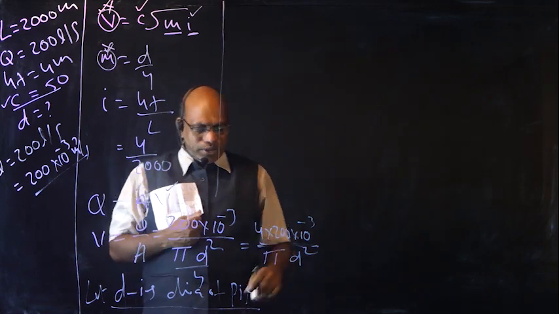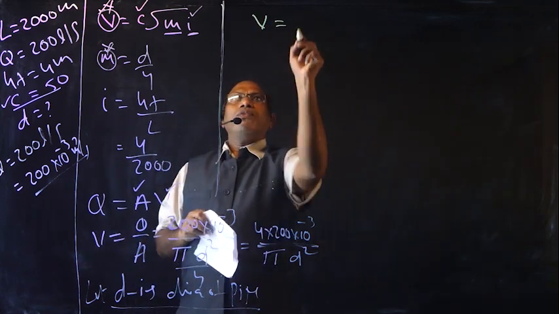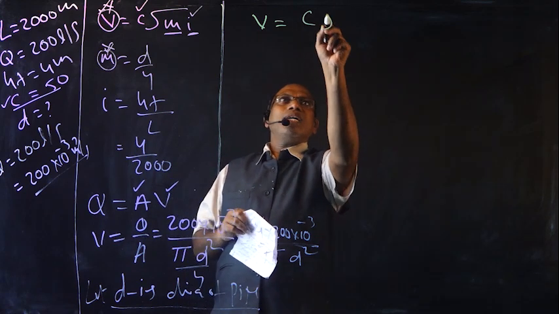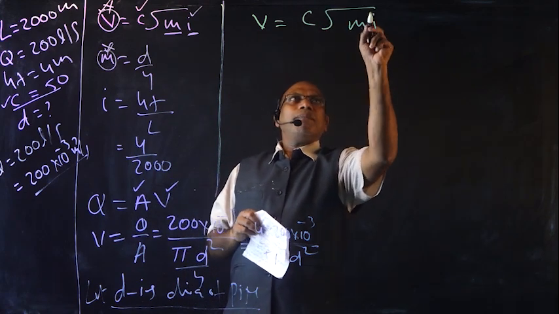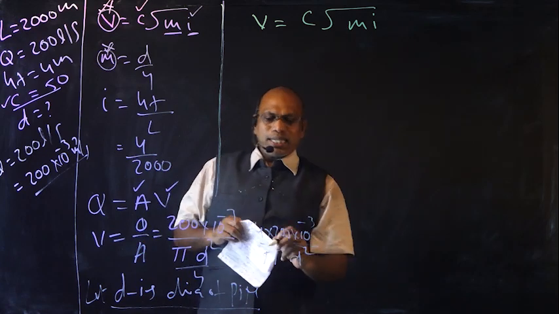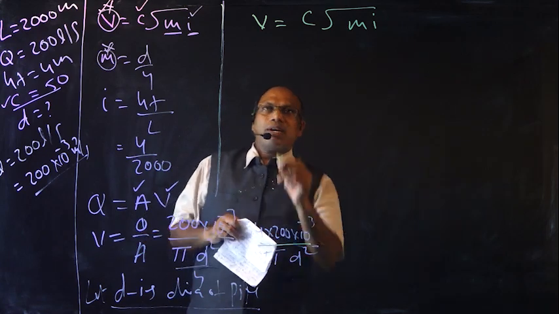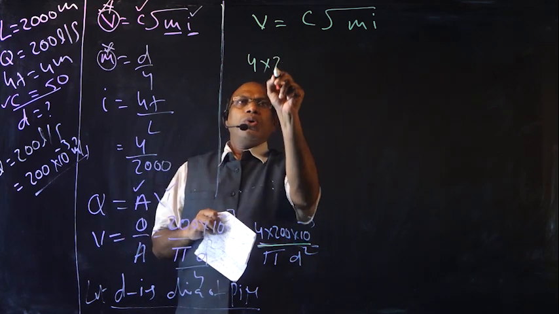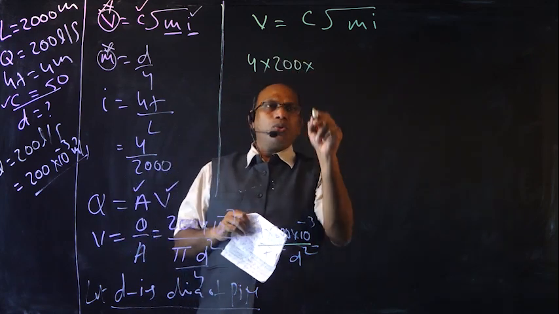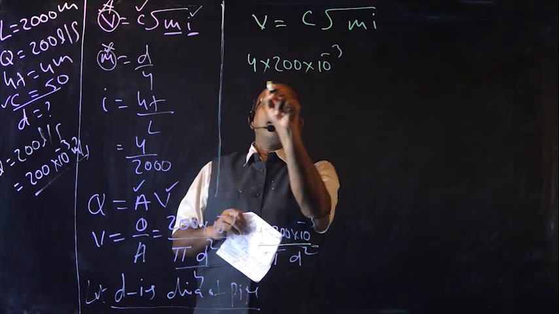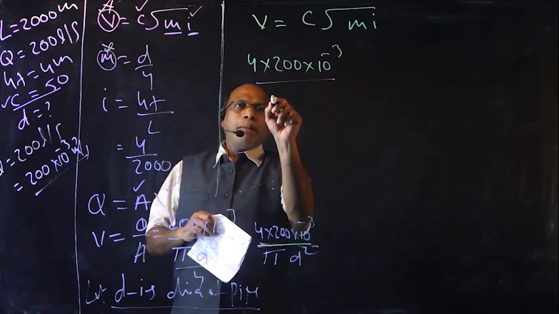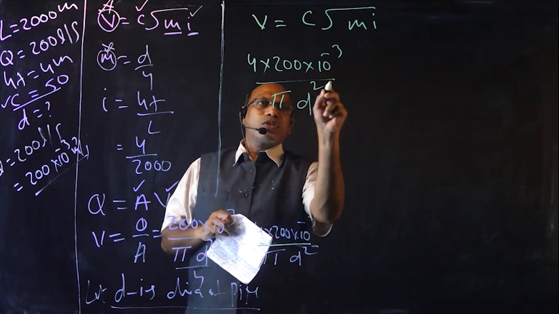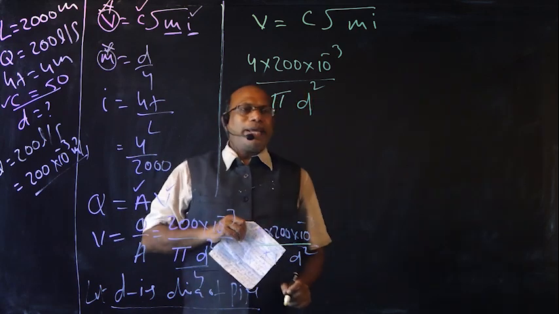In the standard equation, V is equal to C root MI. What is the velocity? Velocity is this value, that is equal to 4 into 200 into 10 power minus 3 divided by pi d square, where d is the diameter of the pipeline.